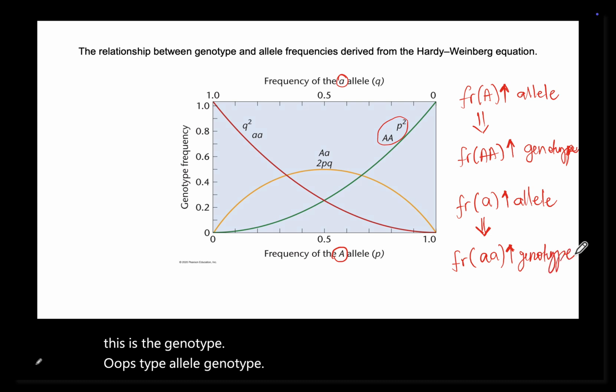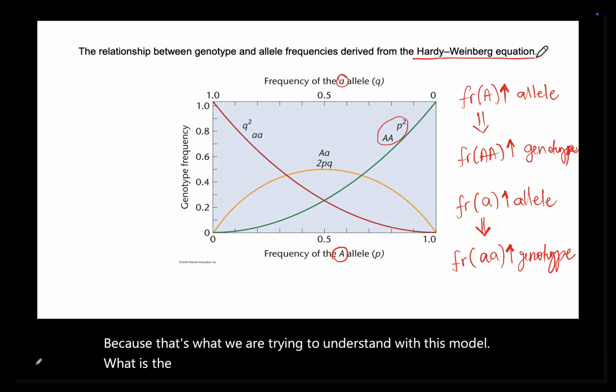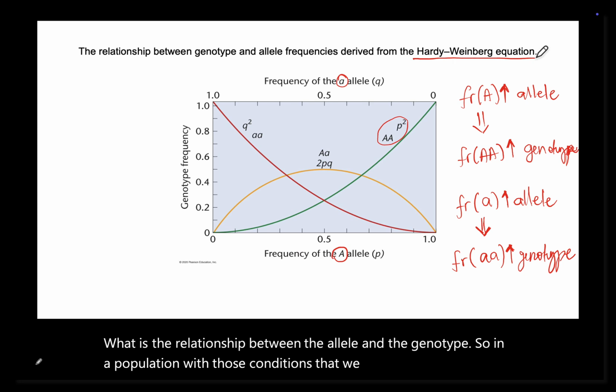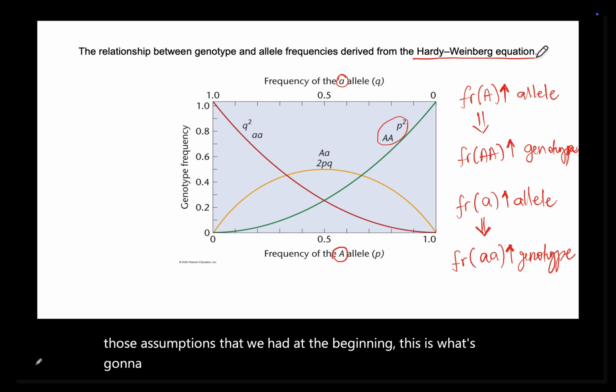Because that's what we are trying to understand with this model. What is the relationship between the allele and the genotype? So in a population with those conditions that we observed, with those assumptions that we had at the beginning, this is what's going to happen: if the frequency of the alleles change, the frequency of the genotypes also change.